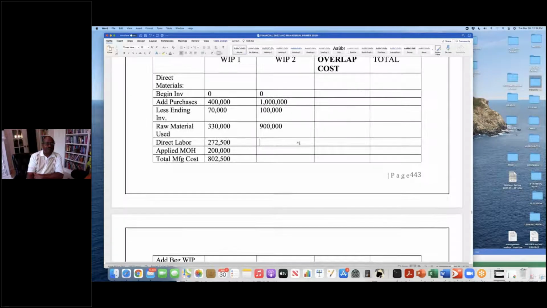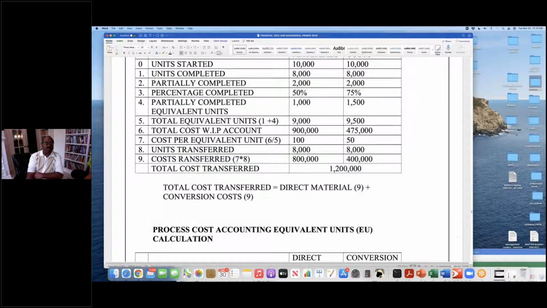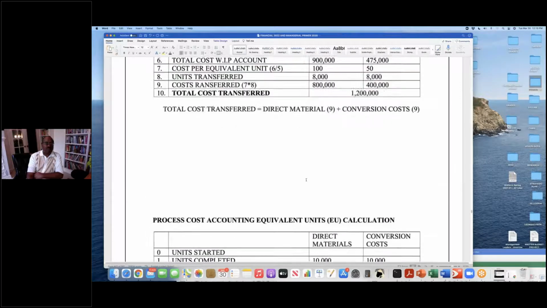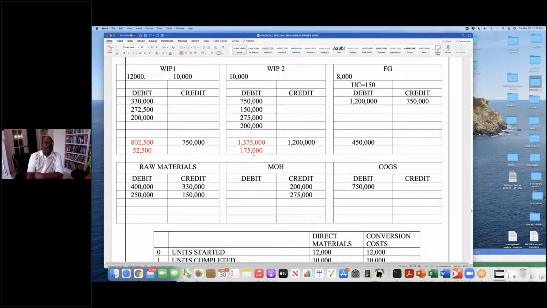So what's our total manufacturing cost? $1,375,000.